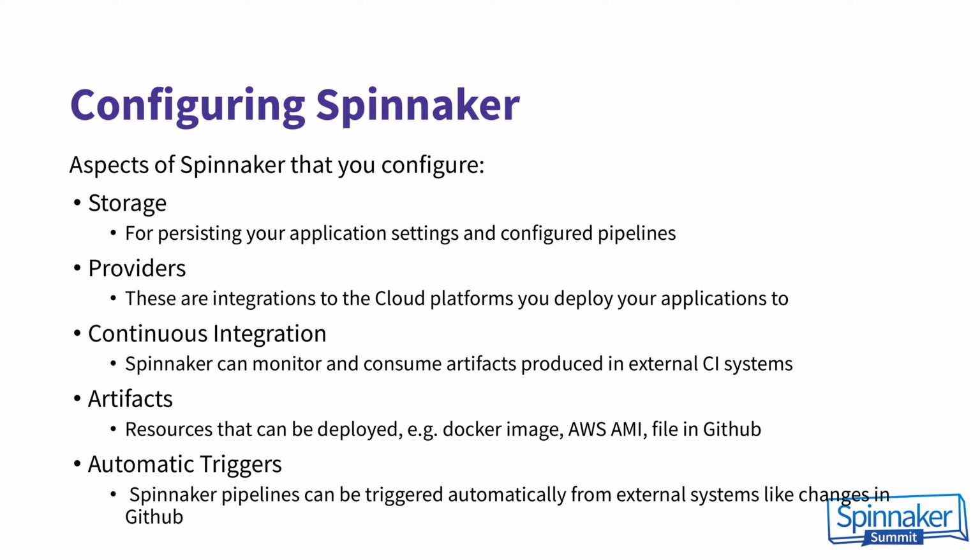As the pipelines run, the pipeline states are also persisted. Also, what Spinnaker does, it will go and discover all the resources that are there in the accounts out there, right? It will go to AWS, figure out all the resources that are running there, or Kubernetes resources running there. So that also is cached and available.